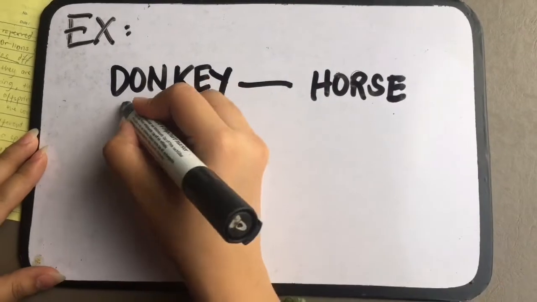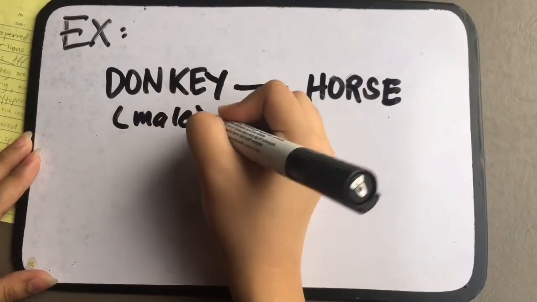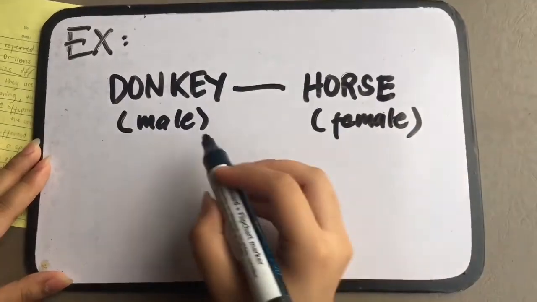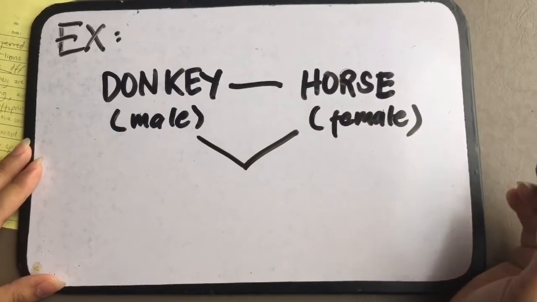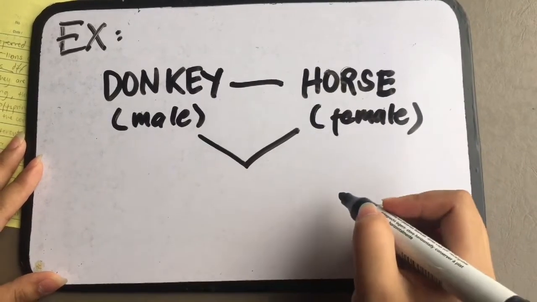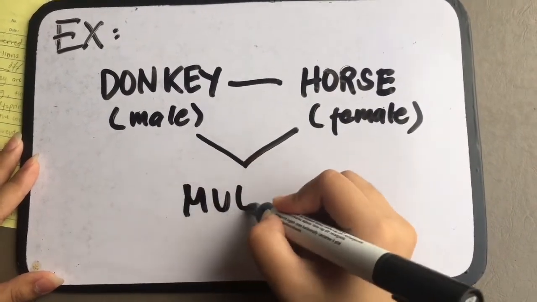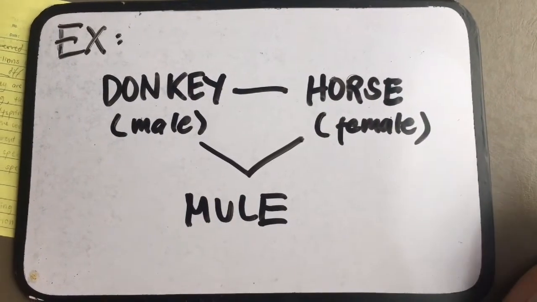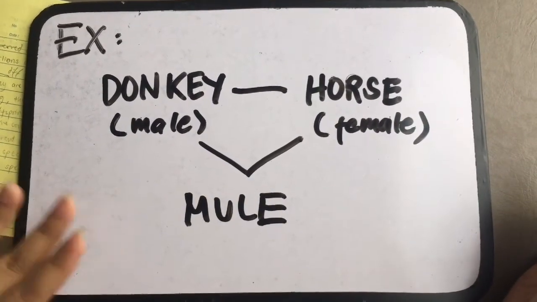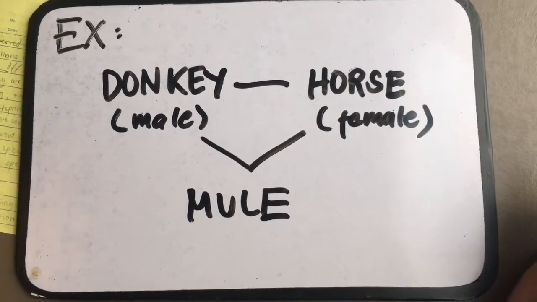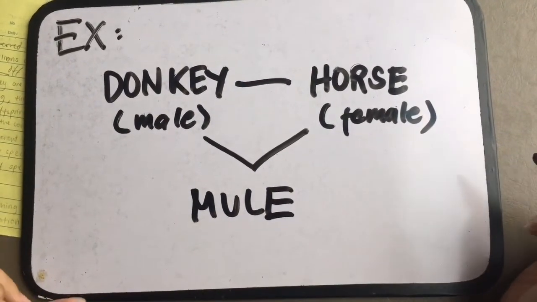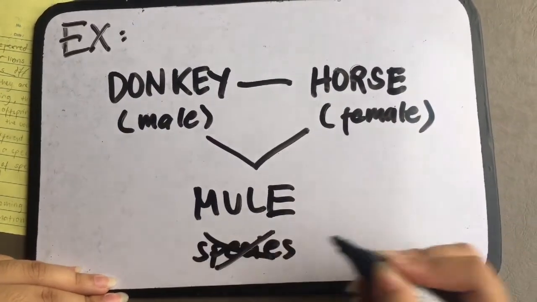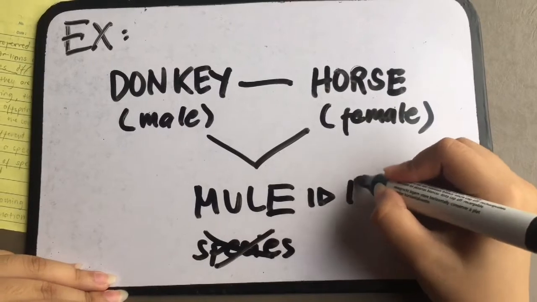Let's say there is a male donkey and a female horse. When both of them interbreed with each other, it will create an offspring which is a mule. A mule is a half donkey and a half horse. But just like the liger in the first example, we will not call it a species, but instead we will call it a hybrid.